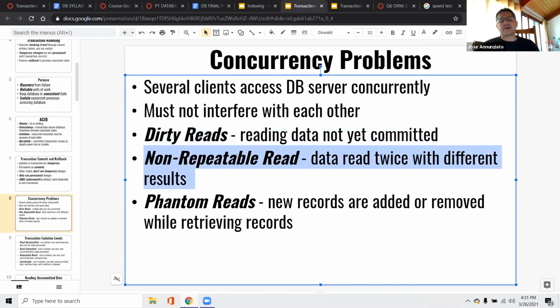A non-repeatable read occurs when your code assumes that if you read something from the database and copy it into memory, you write your logic as if you're the only one who's going to read that information, assuming that no other process is going to come in and change that value for you.